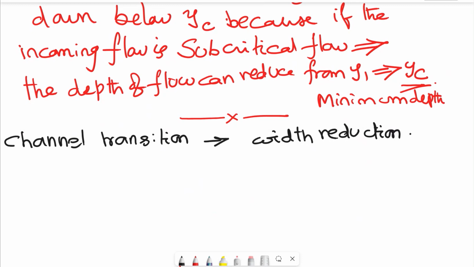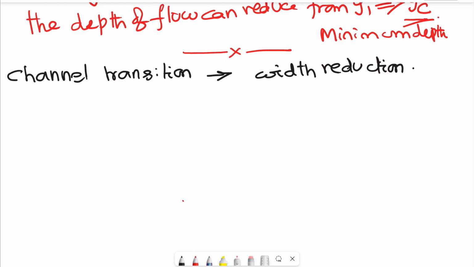By creating the critical flow, the discharge will be maximum, and it is a section where discharge can be measured easily. So now let us take how that will work.